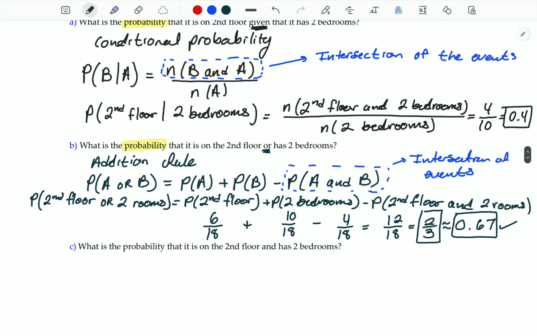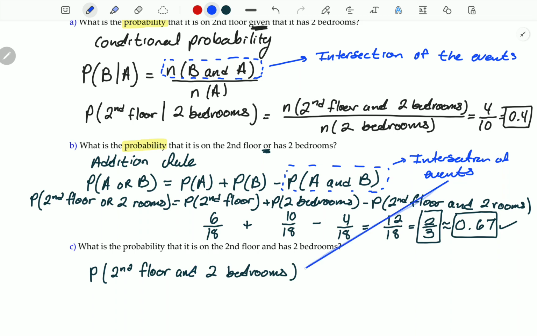Letter C. What is the probability that the apartment is on the second floor and has 2 bedrooms? We just answered that part actually, because this part came from part B. The and is the intersection of the events. So now I'm going to point it down here.